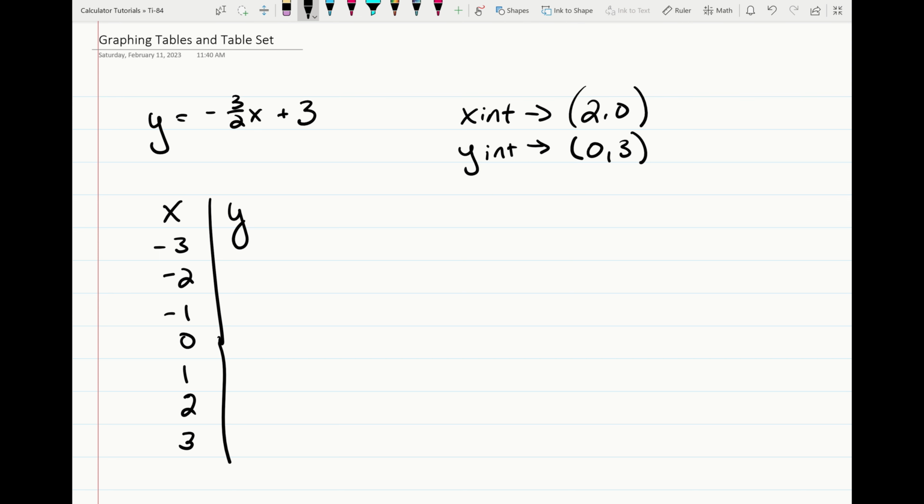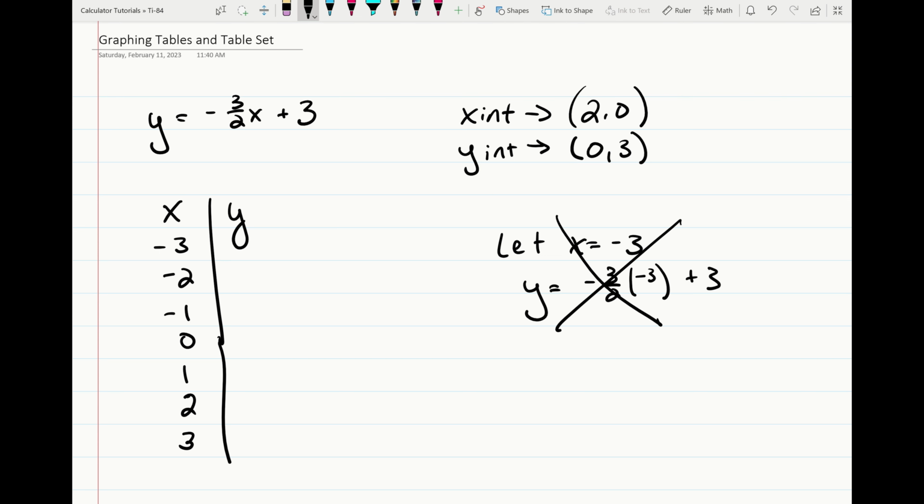The first way, you could go ahead and do each one of these by hand if you really wanted to, by taking the x value, substituting in, and then simplifying accordingly. However, we're going to let the calculator do the thinking for us. So let's see how to do this inside of our calculator.